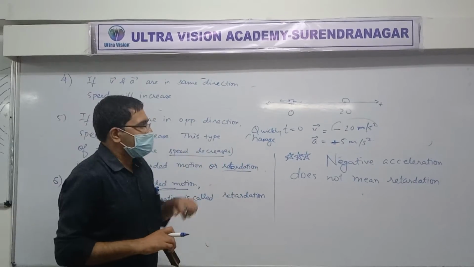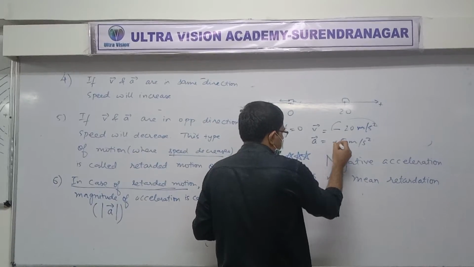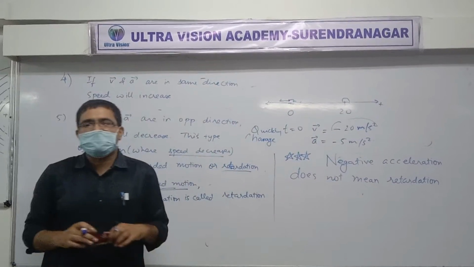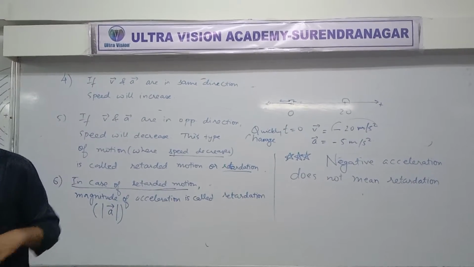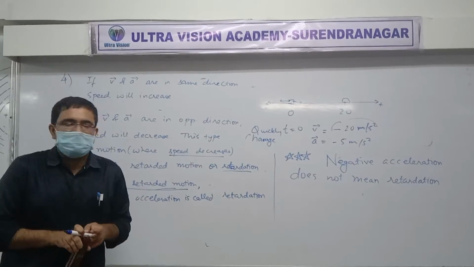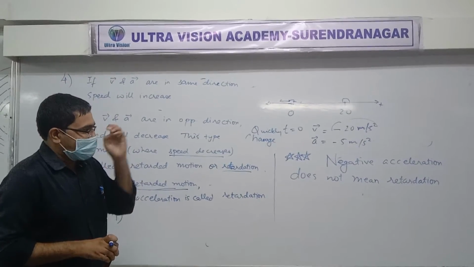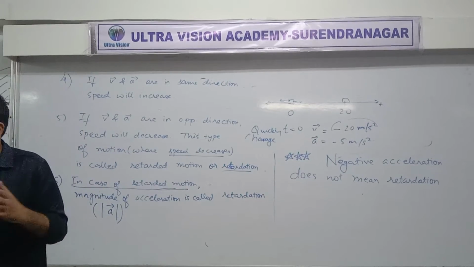Fine. Now, how about this? Is this retardation or not retardation? No. Why not? Acceleration is negative, but velocity and acceleration both are in the same direction, and that's not called retardation.